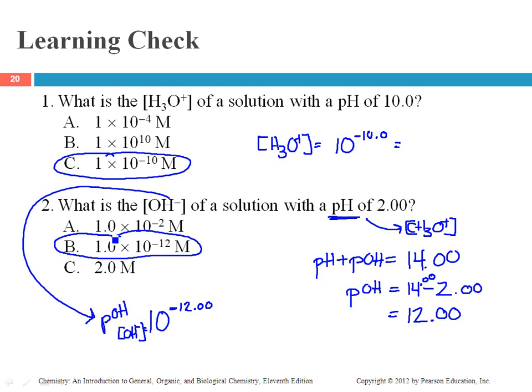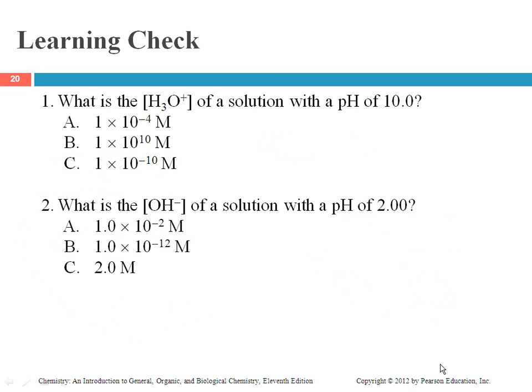You may be thinking that you could go another route for this problem, and that is true. I'm going to erase everything. Another way to work this problem, which may make more sense or be more familiar, is to find the hydronium concentration first.